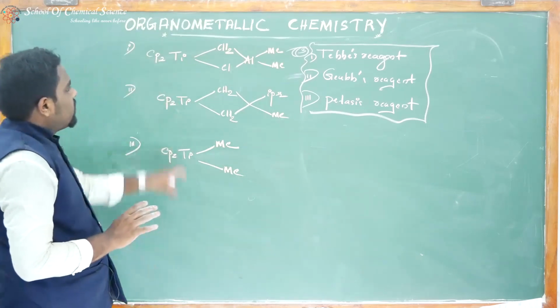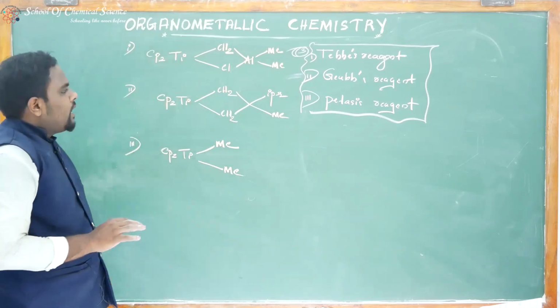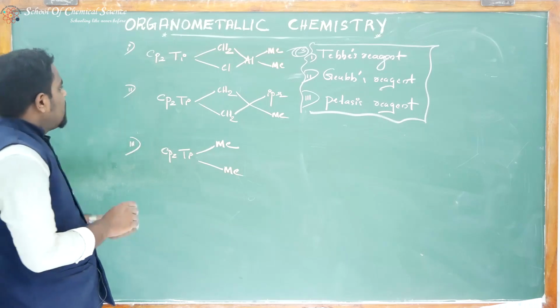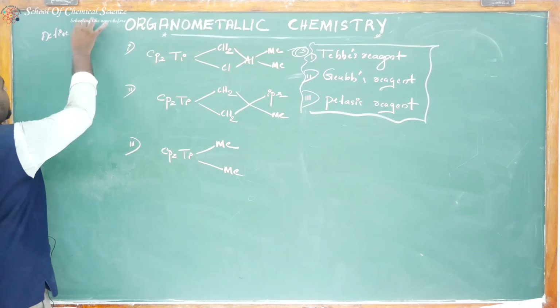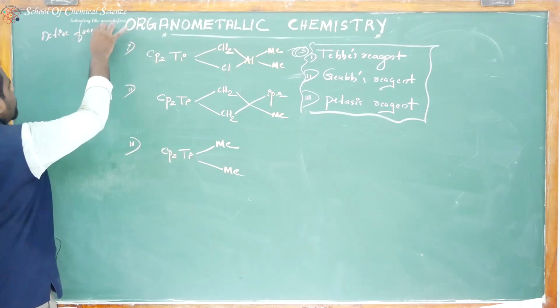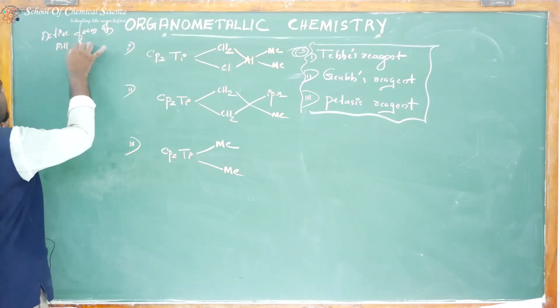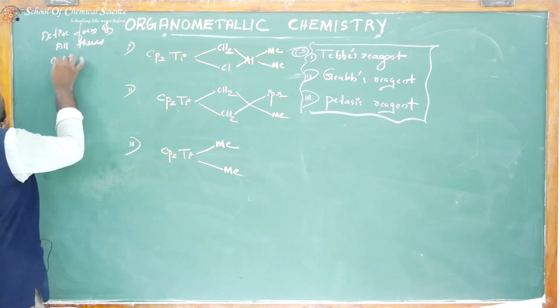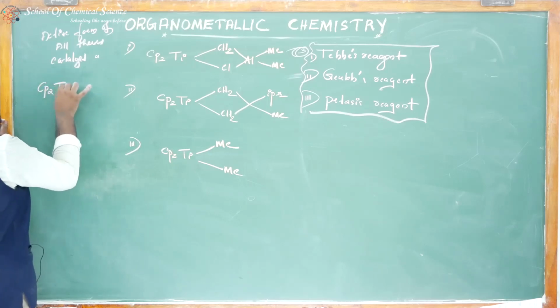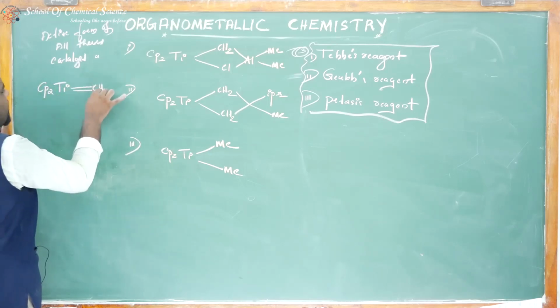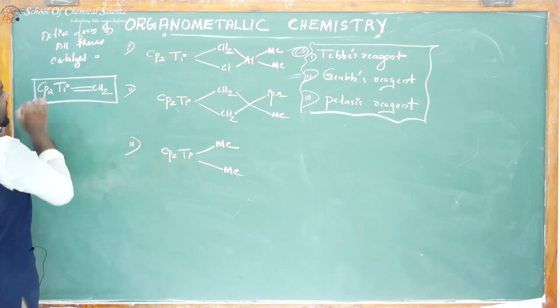Clear? Okay, so copy the structures and the active form of all these catalysts. Active form of all these catalysts is Cp2Ti=CH2. This is the active catalyst.